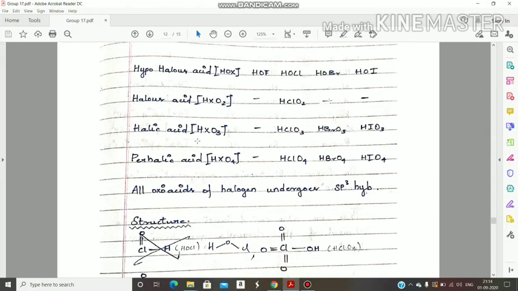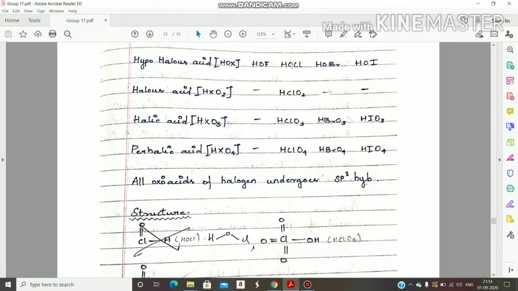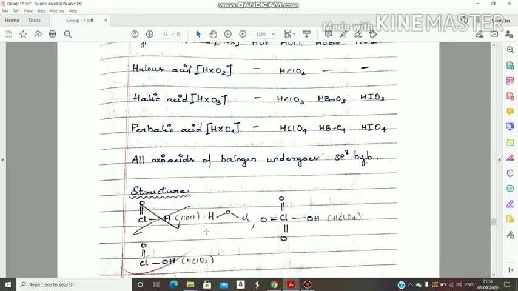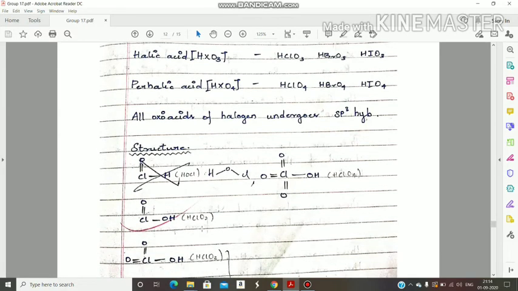Here you have to learn the structures of oxo acids of chlorine. See, HOCl, this is the structure for hypochlorous acid. Next is HClO2. I discussed this already in group 16 elements. First we have to take the central atom, Cl, with a double bond to O, and OH, for HClO2.